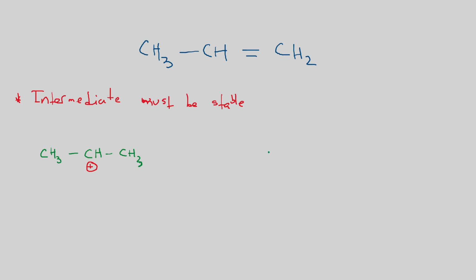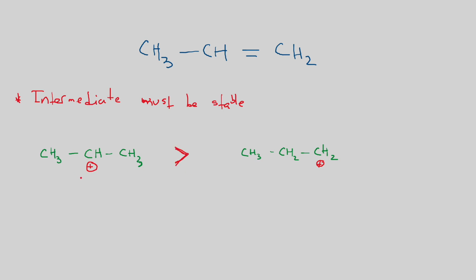And the second intermediate is CH3, CH2, and CH2, so the third carbon has positive charge. If we compare these carbocations, the one on the left side is more stable.